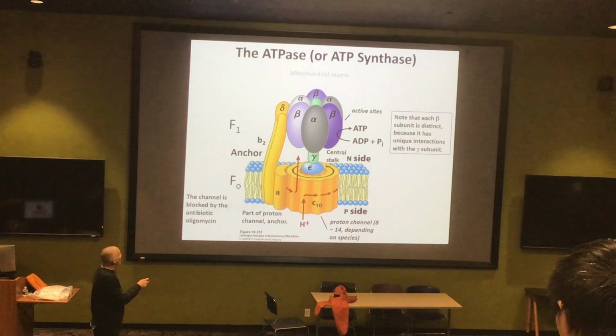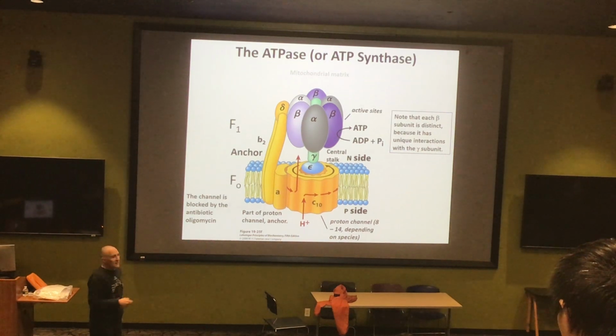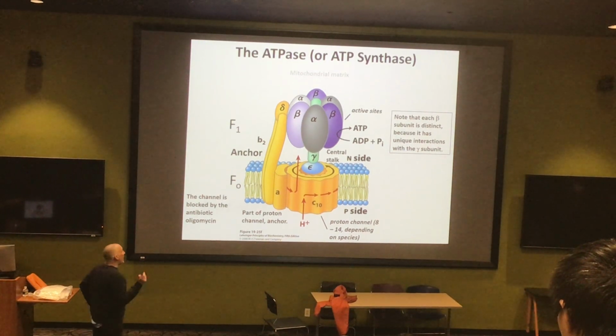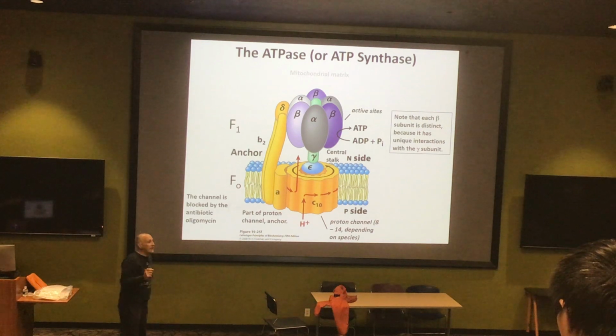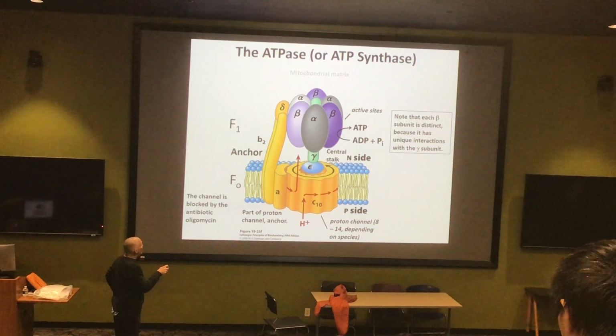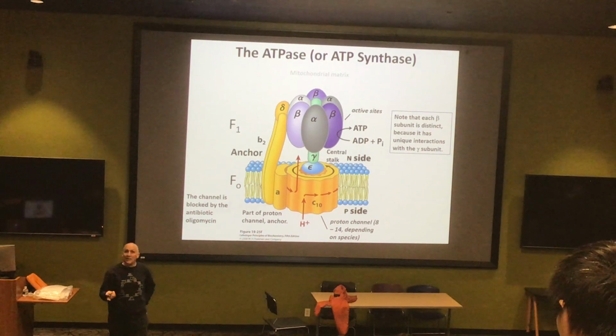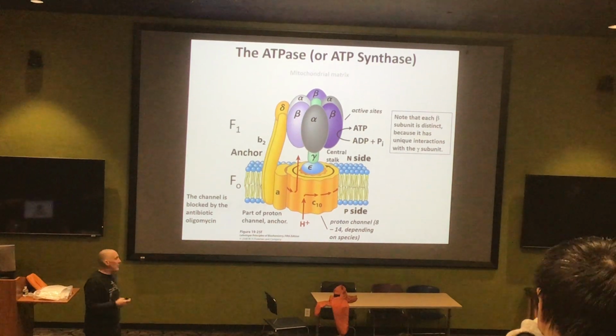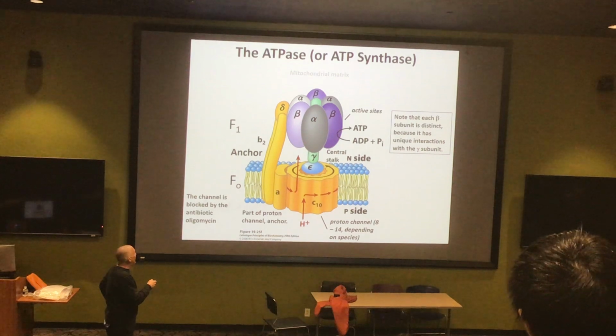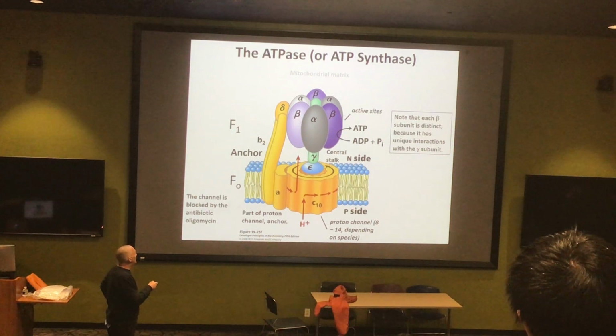this component up here, and this is where all the ATP synthesis is going to happen. In fact, not only is all the ATP synthesis going to happen here, it's only going to happen in these beta subunits. So each ATP synthase has 3 active sites at a particular time, and the alphas are really just going to be spacers.